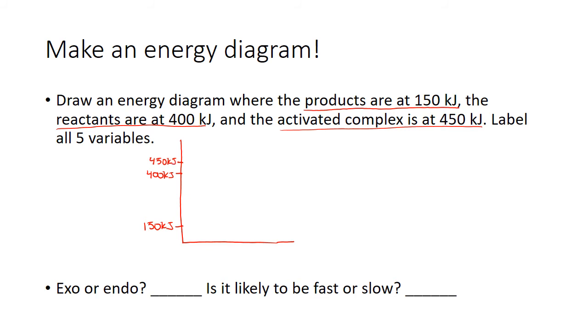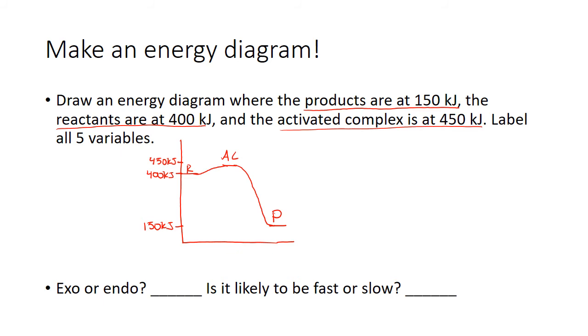So products at 150, as it says, reactants are at 400, activated complex, it says at 450. And then once I've placed all my points, I can go ahead and connect them.